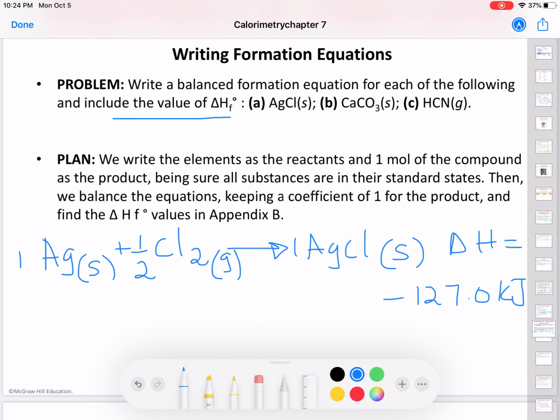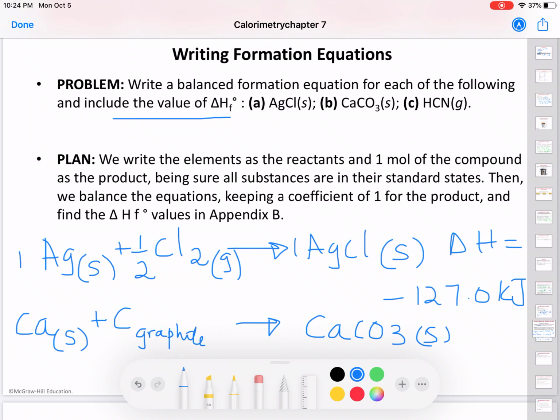And then the next one, formation of calcium carbonate. How do you form calcium carbonate? What do we need to form calcium carbonate solid? What elements do you need? You need calcium. How does calcium exist in nature? As a solid. And then the carbon. Carbon is graphite, or you can consider it solid, plus the oxygen O2.